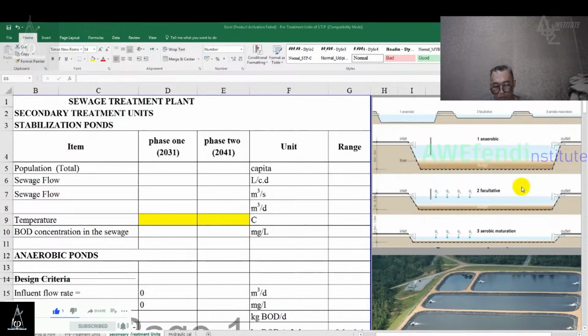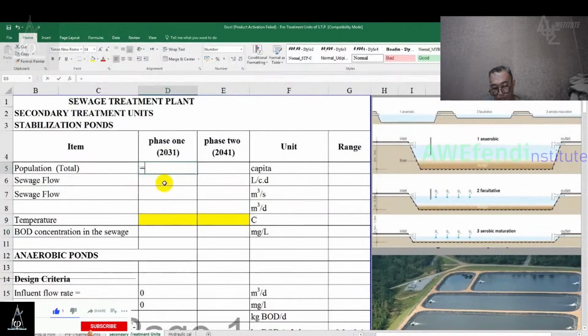And the maturation pond is shallow because the process is aerobic, depends on aerobic bacteria, which gets the oxygen from the atmosphere. Stabilization ponds are designed based on the average flow.